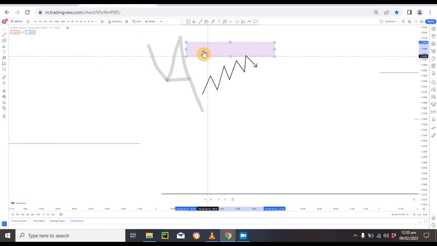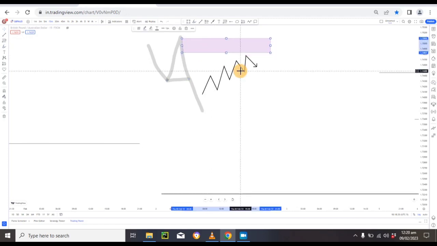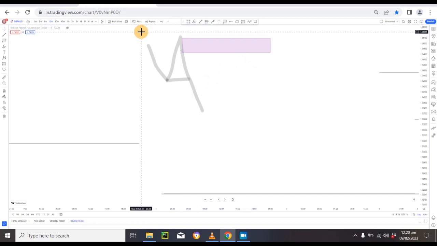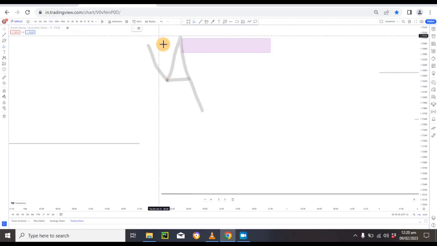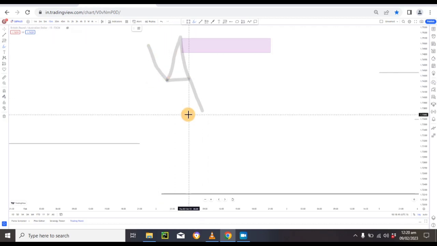Not just after a 15 minute break of structure. After any break of structure, the next thing that we anticipate is a pullback, isn't it? Yes. And for the pullback to happen, we want to see the internal structure of this range switch bullish. The external structure is in a bearish order flow, that means we are breaking structure to the downside.